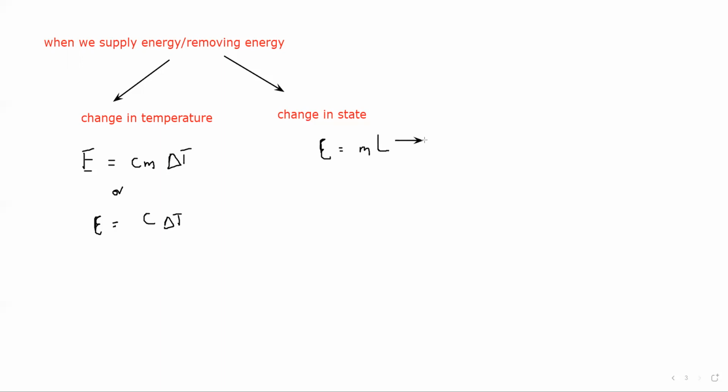What is the meaning of this latent heat? The term specific latent heat means the energy required to change the state of 1 kilogram of an object.